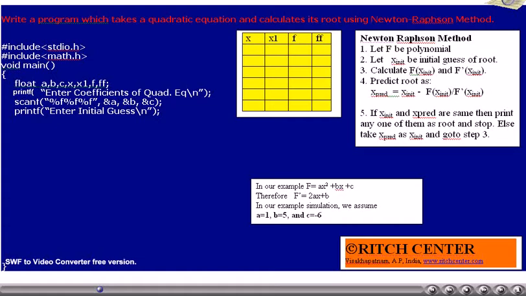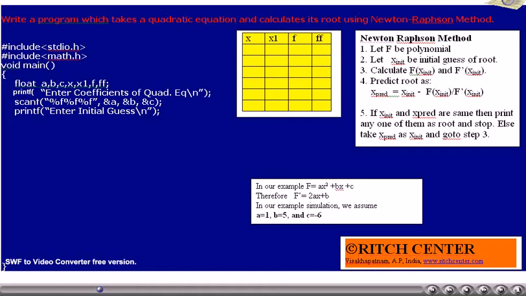The coefficients are proposed to be stored in the variables a, b, c. A printf statement is included to allow the user to enter the coefficients of a quadratic equation. They will be read into the variables a, b, c with the help of the following scanf statement, and also the initial guess is read into the variable x1.